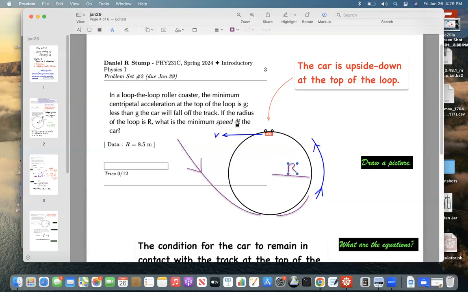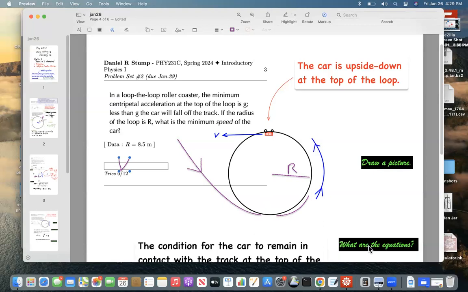We have the velocity v up here. That's what we're trying to calculate. So the unknown is v. How fast does it have to be going? If it's going faster than that, that's okay. That's the minimum speed.